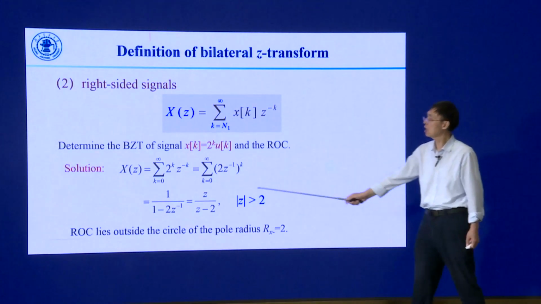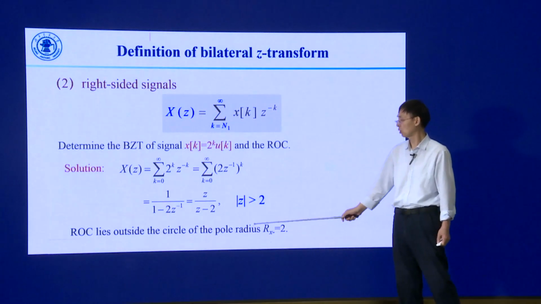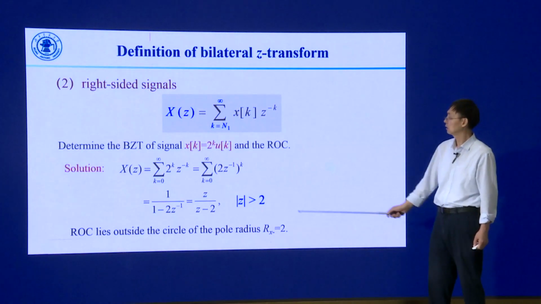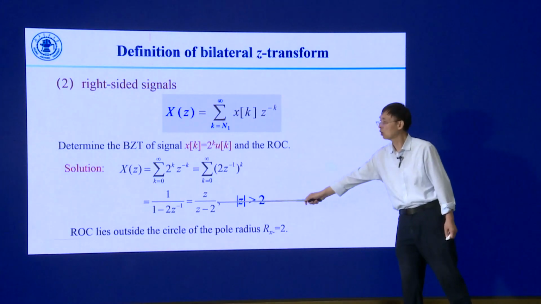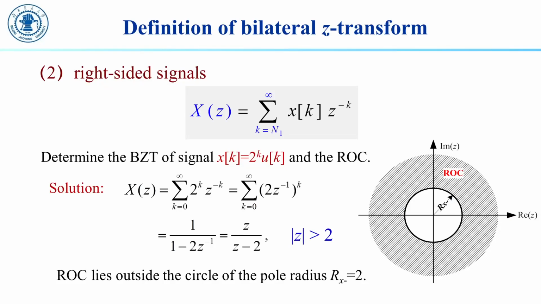Here, the ROC lies outside the circle of the pole radius 2. 2 is the pole of this fraction. We can express it in this picture.